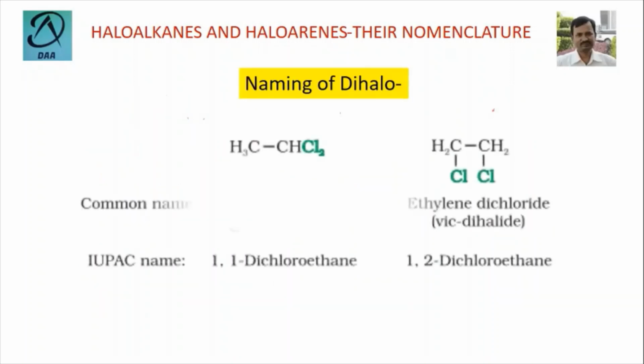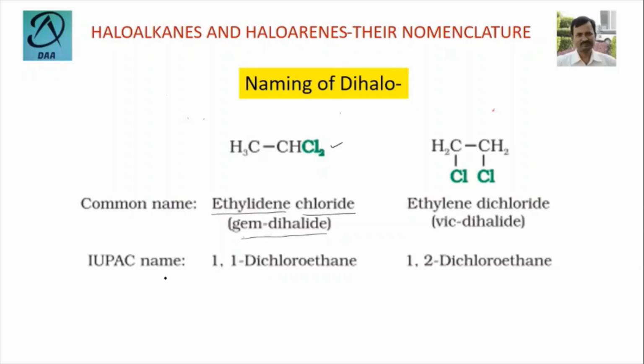Now we'll go for the example. If you consider the first structure, H3C-CHCl2, for this dihalo compound, the common name is ethylidene chloride or gem dihalide.